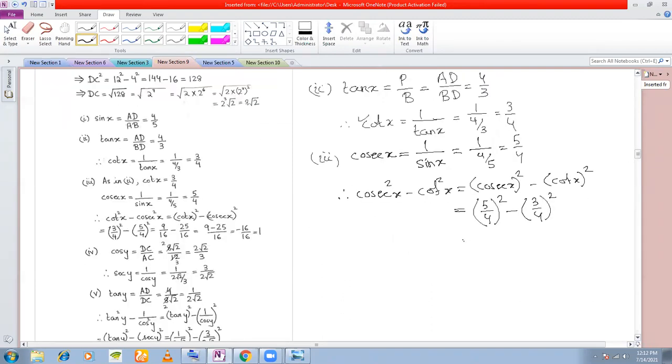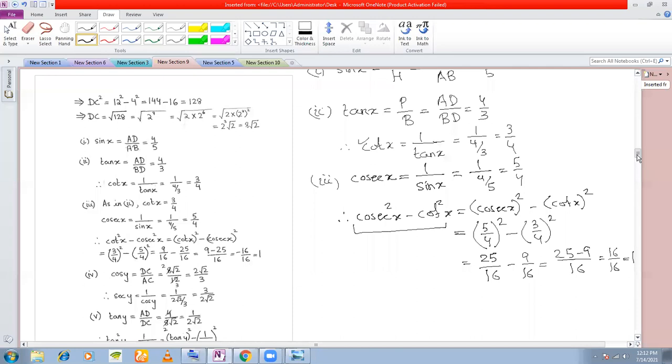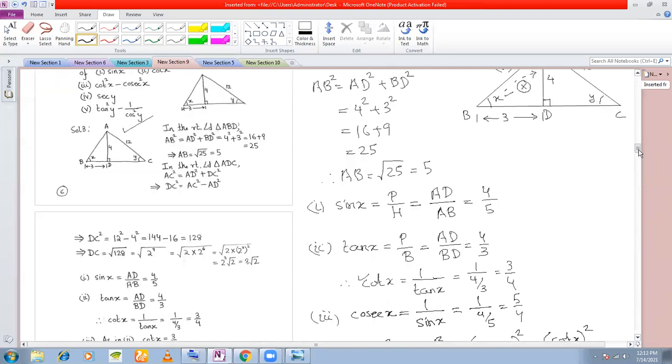So you can write this as 25 by 16 minus 9 by 16. Take the LCM, you get 25 minus 9 by 16, which is equal to 16 by 16, which is equal to 1. Even if you don't calculate, you already knew that cosec square theta minus cot square theta is equal to 1 from your square relations, right? So anyway, you can check the answer here also.